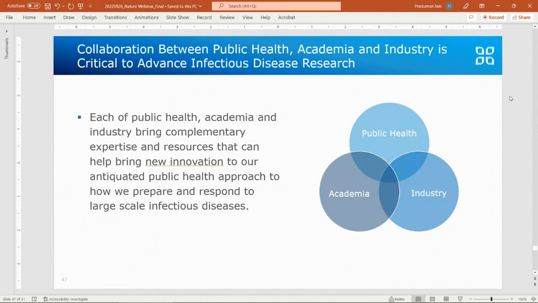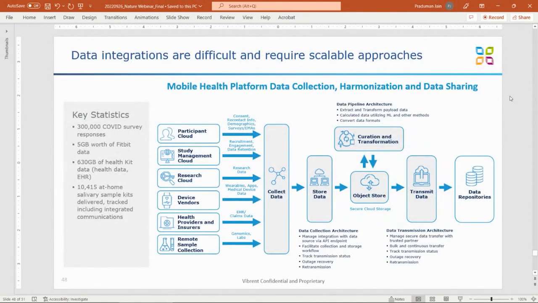We talked earlier about how it takes diverse stakeholders to come together to really create advances and novel methods for infectious disease research. As an example of that, I wanted to show here a technical architecture of a mobile health platform that Vibrant has been working on with the NIH as well as the research community at large. As many of you know, data integrations are hard, they're difficult, and also it's hard to scale those data integrations.